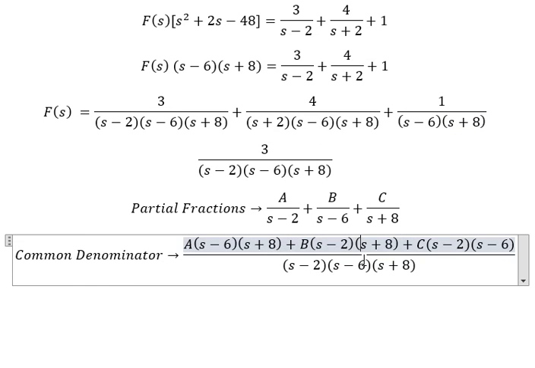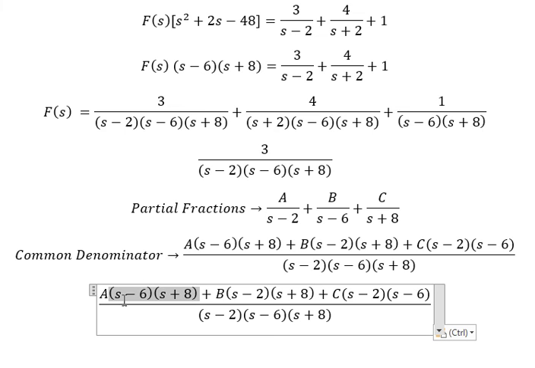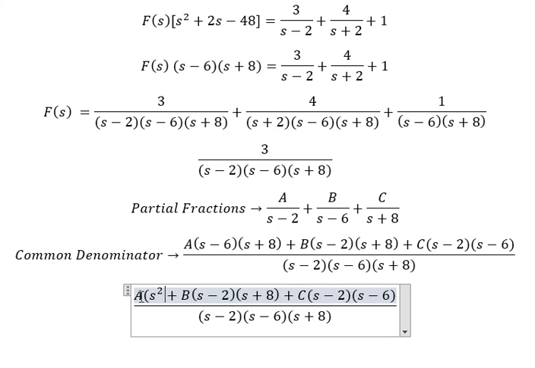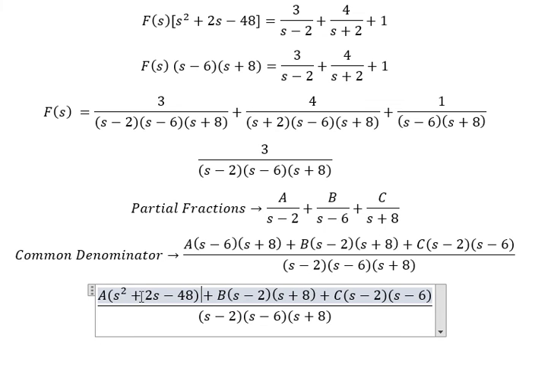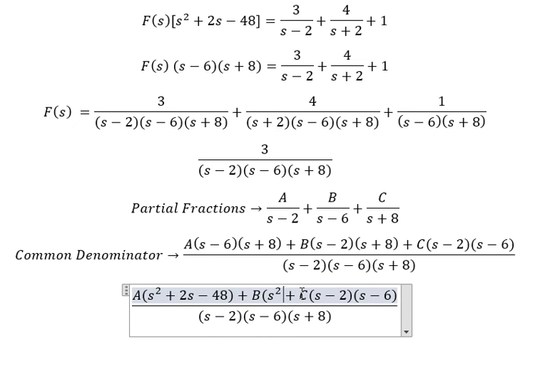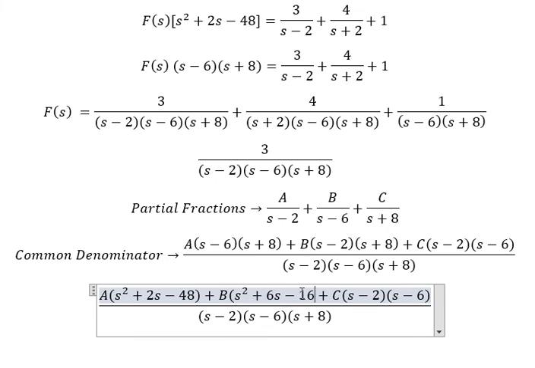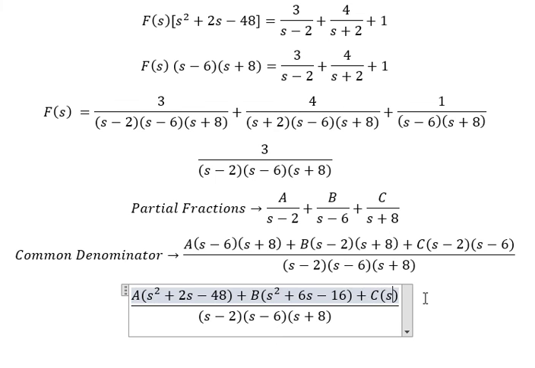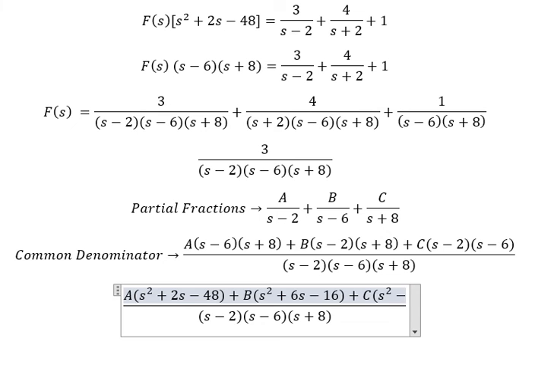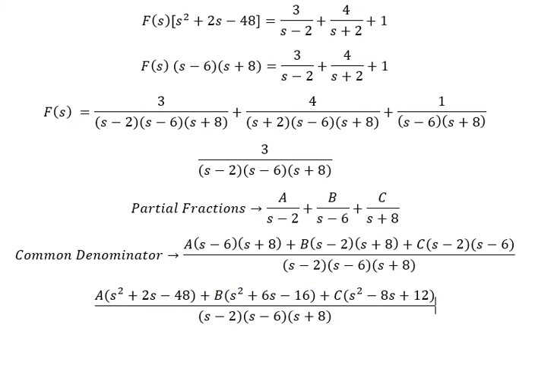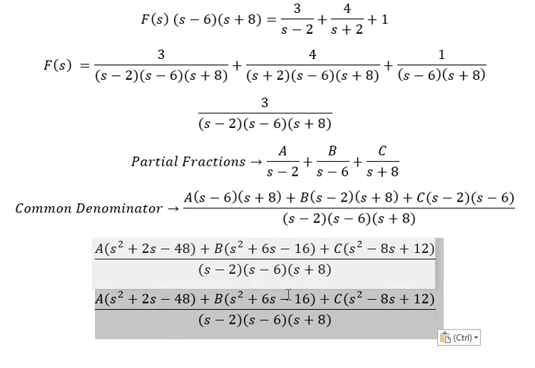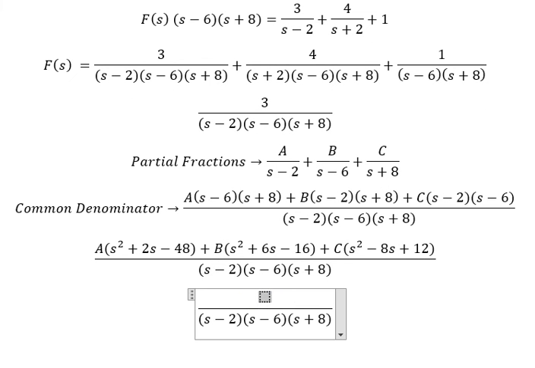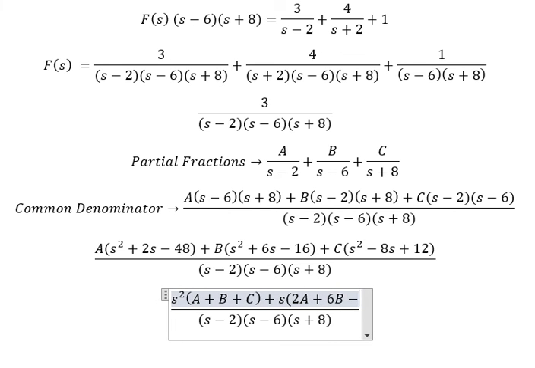So, we need to expand this one. Next, we need to arrange based on the terms of s. About s squared, we have A plus B plus C. About s, we have 2A plus 6B minus AC.